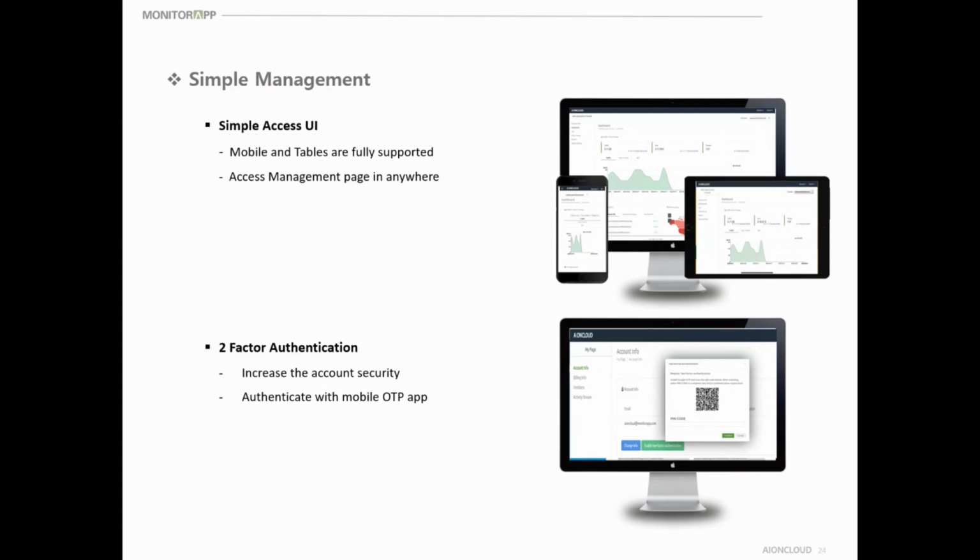You cannot check it with your mobile or tablet if you are still using an on-premise appliance. The AIONCLOUD supports a mobile page for management, and you can still monitor and manage web security. Also, you can configure the policies on the bus, subway, or at home, anywhere and anytime.